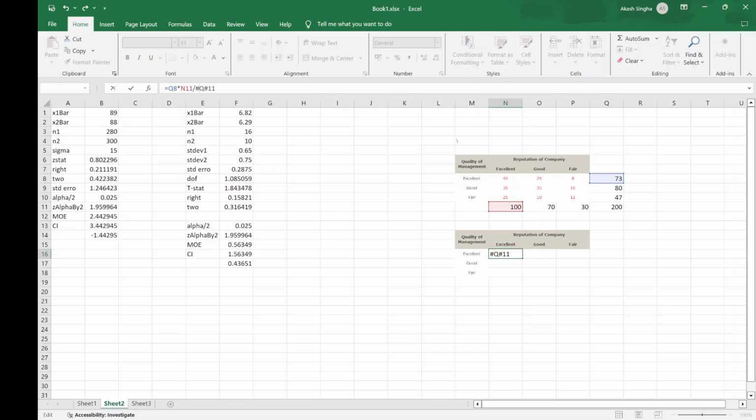Okay, I think how to do it is with the dollar sign, sorry.